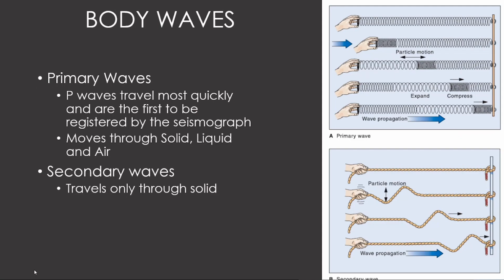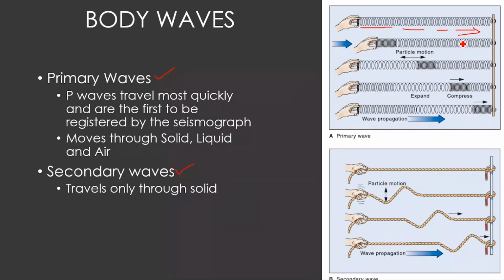These two categories are primary waves and secondary waves. If you see the propagation of these waves, the primary waves are like expansion and compression. It moves like sound waves.